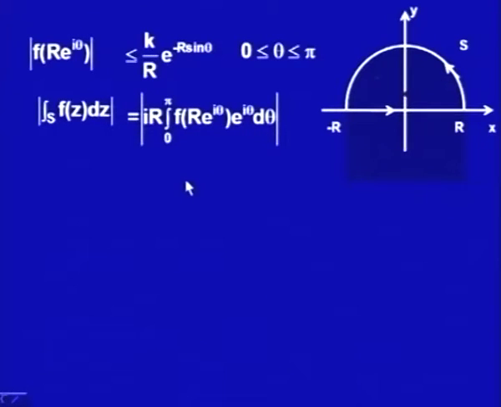We would be using another inequality on the line integral, which says that the absolute value of the integral along a line of f z dz is always less than or equal to the integral along the line of the absolute value of f t dt. This is from the line integral results.